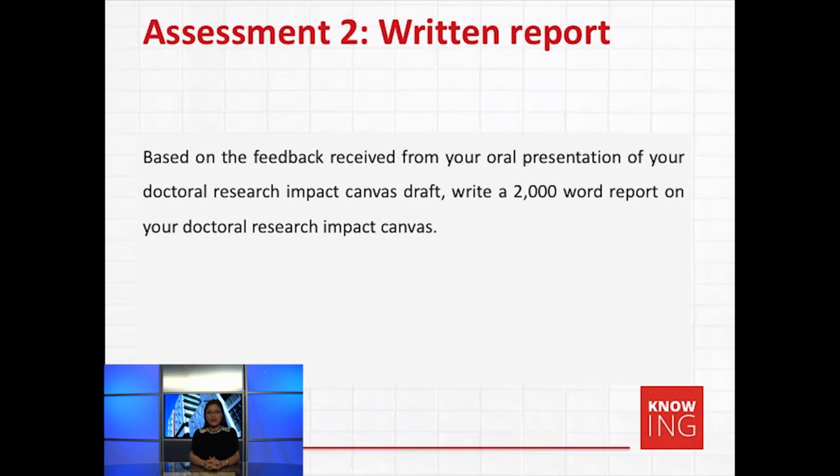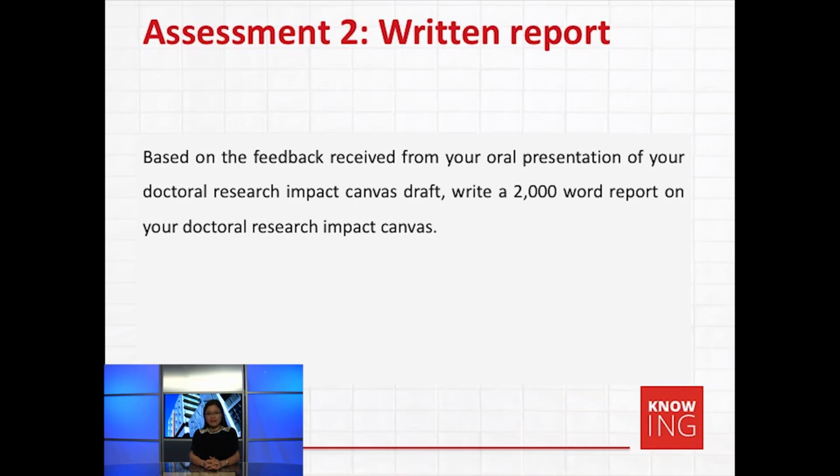So, based on the feedback received from your oral presentation, the main purpose of the written report is for you to report on your current state-of-the-art doctoral research impact canvas, then get formative feedback from the lecturer or assessor on its strengths and weaknesses, and use the feedback to continually improve your canvas and to incorporate relevant sections from this report into your confirmation report.